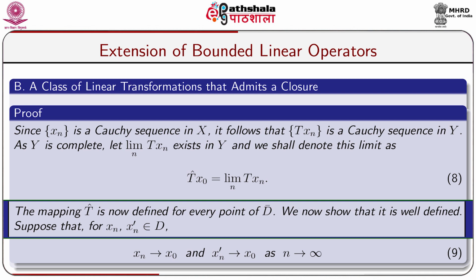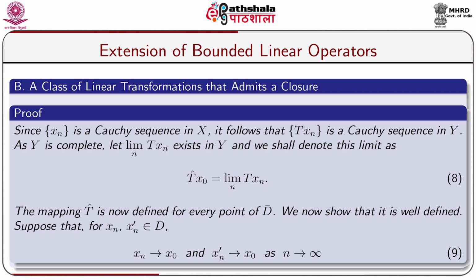Now, the mapping T hat is defined for every point of the closure of D. We shall now show that it is well defined. For this, take xn, xn dash belonging to D such that xn converges to x0 and xn dash converges to x0 as n tends to infinity. This is equation number 9. And we have equation number 8, T hat x0 equal to limit Txn.